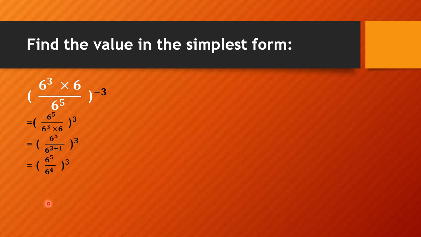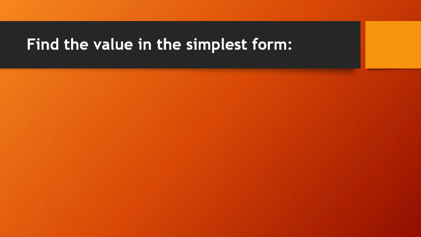It will be 6 power 5 minus 4, power 3. After that, 5 minus 4 equals 1. It will be 6 power 1, power 3. After that, 1 times 3 equals 3. So it equals 6 power 3, which is 216.